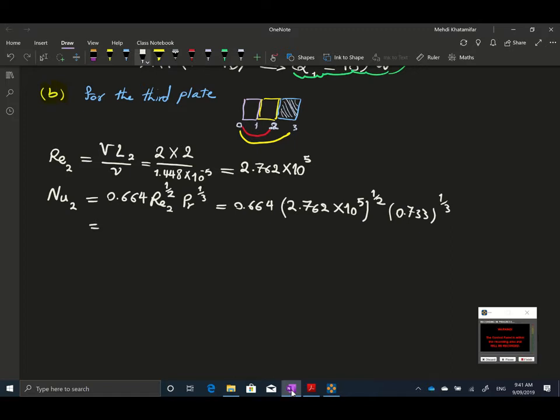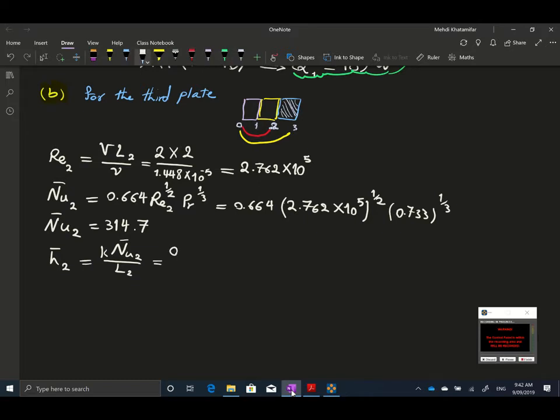And Nusselt number up to plate 2 is going to be 314.7. And we know this is average.